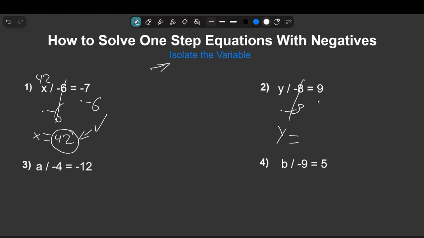Now we're going to do it on the other side again, times minus 8. 9 times minus 8 equals minus 72. And this time we have a minus final answer, because we're multiplying a positive by a negative. So now to check if the answer is correct, we're going to plug it in right here.